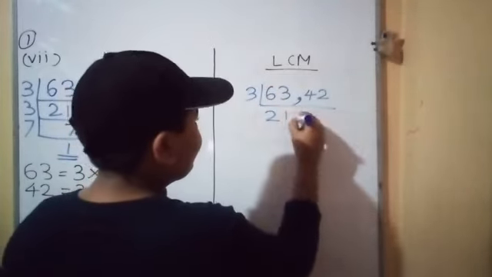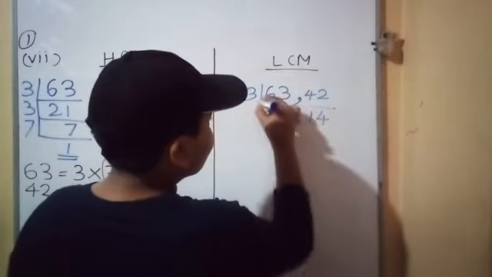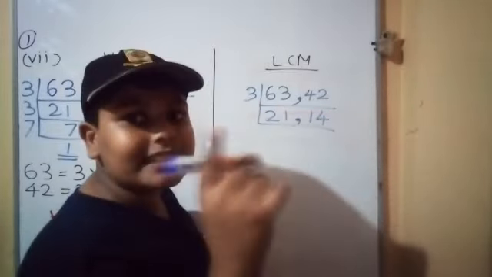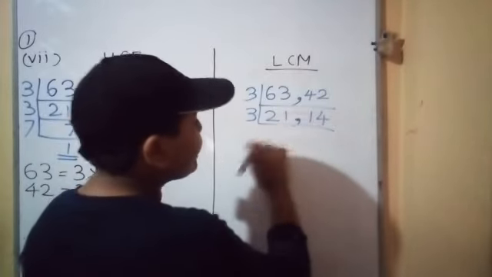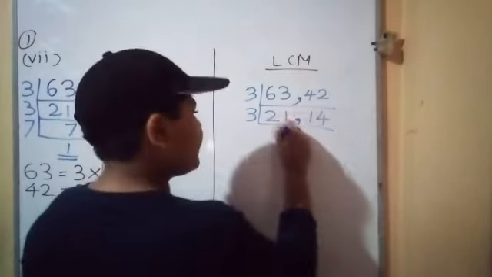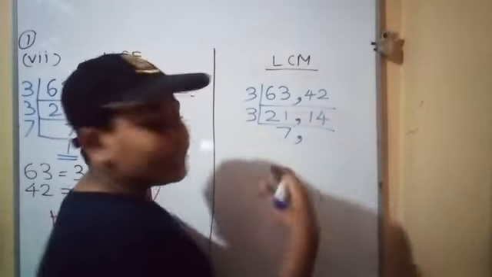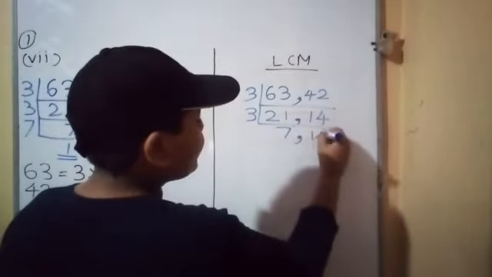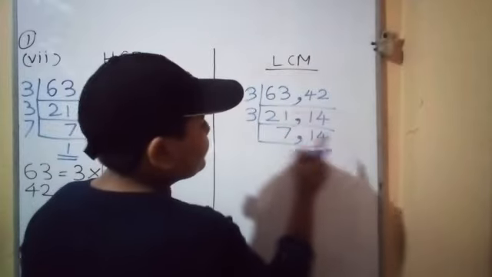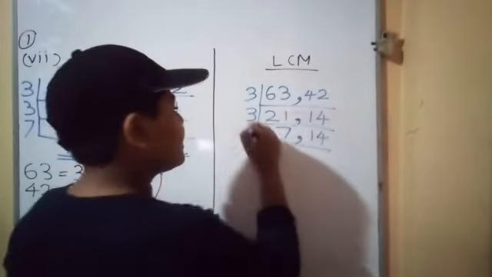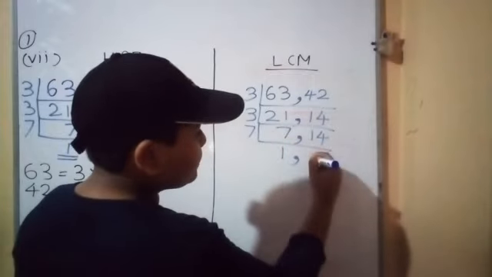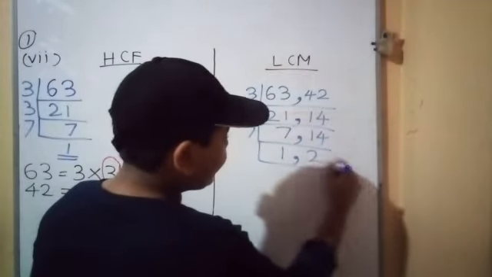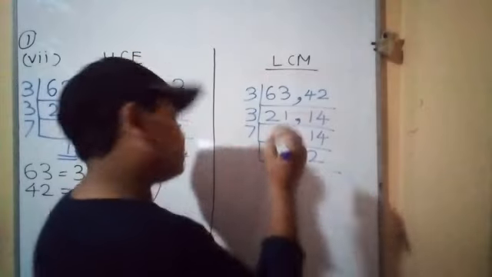Now they have 21 and 14. Next, again by 3: 21 divided by 3 is 7, but 14 is not divisible, so you write 14 again. Next, divide by 7: 7 divided by 7 is 1, and 14 divided by 7 is 2. Again they have 2, divide by 2.